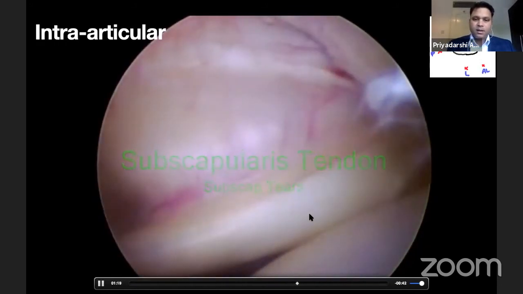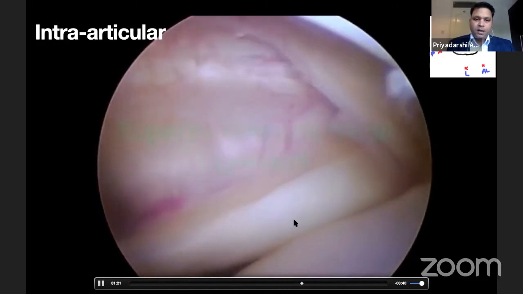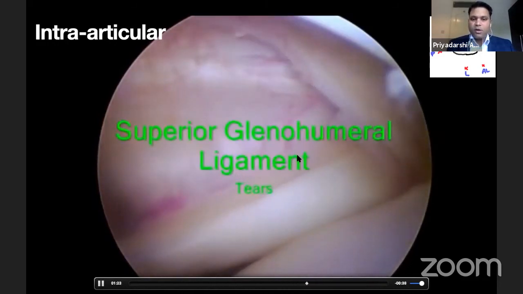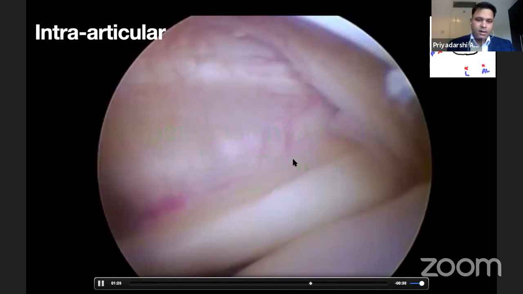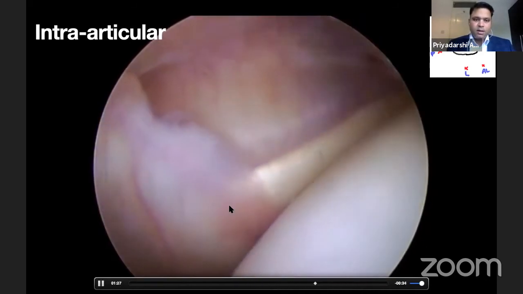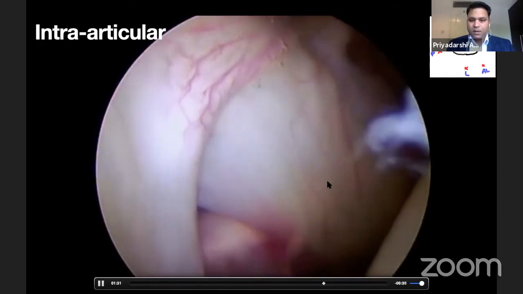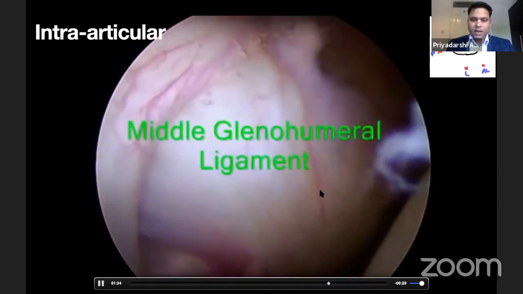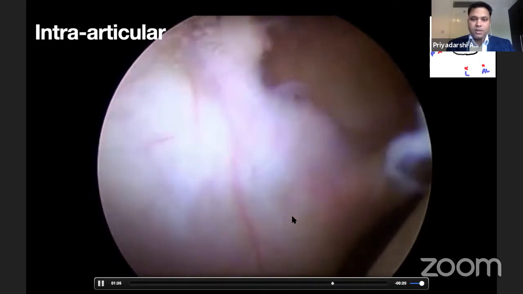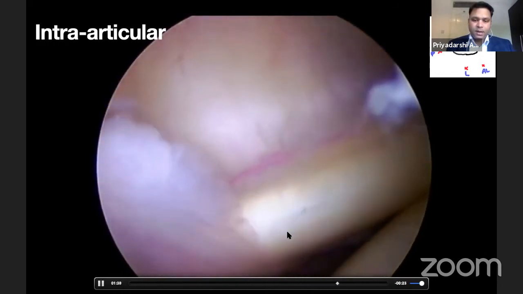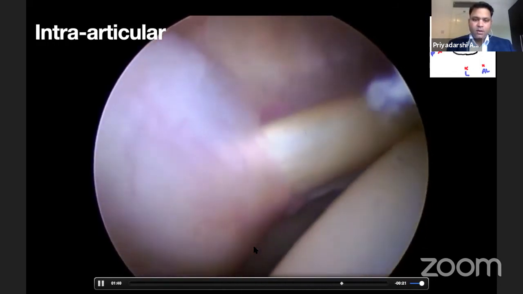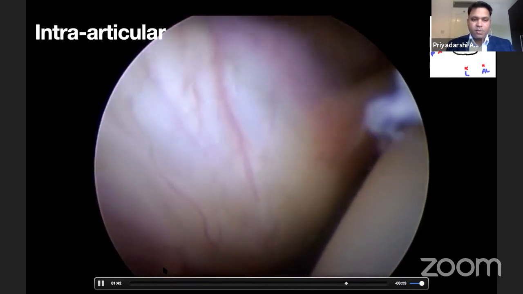And then anteriorly, that's the subscapularis tendon, and that's the superior glenohumeral ligament in the rotator interval. And again, going further, that fibrous band which is present posterior to the subscapularis is the MGHL. And then you assess the anterior labrum.